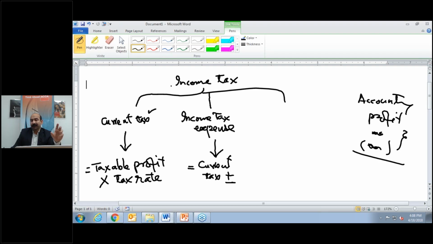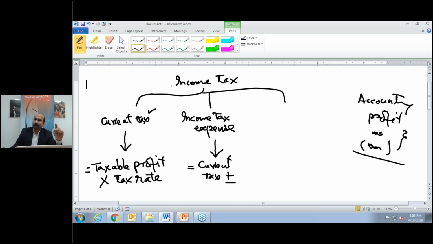But when you apply the same tax rate on the accounting figure, your income tax is higher than the current tax. Why is that? This is because of the difference between the accounting principle and the tax principle.